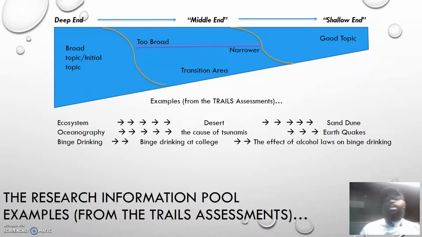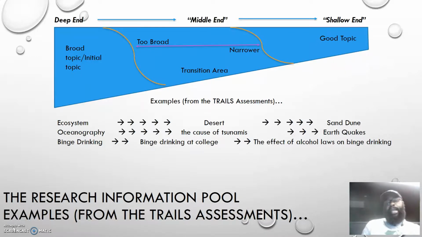So while we can look at desert biomes, which is a large topic still, it's not as broad as the ecosystem, but it's not as narrow as our sand dunes. So we find ourselves transitioning into a more shallow topic or a good topic that's not as deep. It has a lot of information still. However, it's not the entire spectrum.